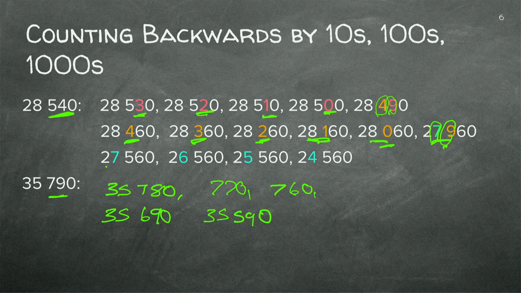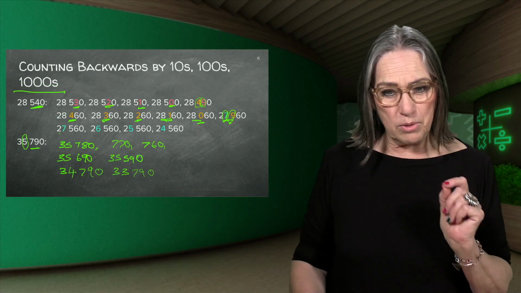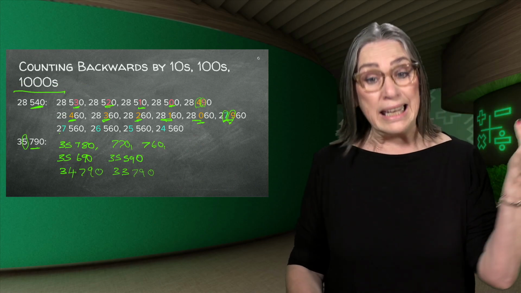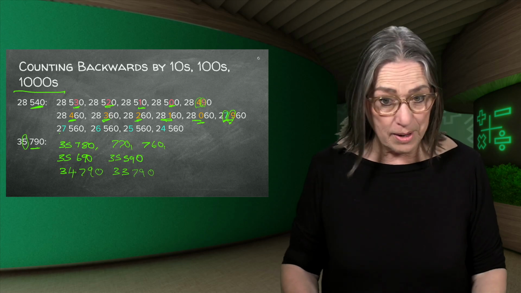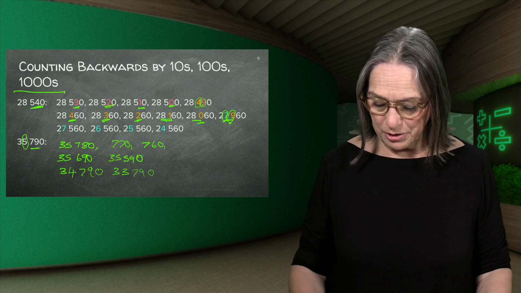And then the same with the 35,700. If we count backwards by 1,000, we're going to look at the 5, and it's going to be 34,790, 33,790, and so on. You've got that. Right. Okay, if you're not sure what to do when you have to change over and reduce or increase the next column, please refer back to the lesson and then you can see what you have to do.